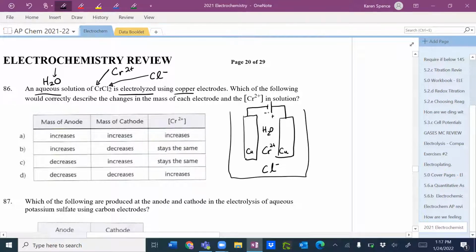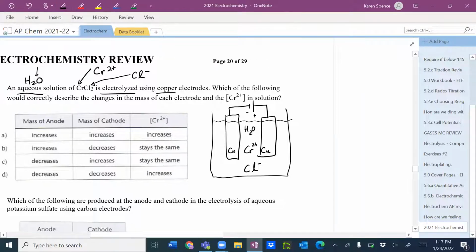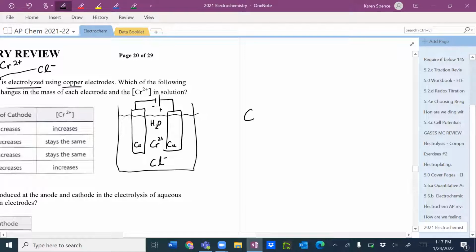What is going to happen to the mass of each electrode and the chromium in solution? So chromium 2+ is going to get reduced if it reacts at all to chromium. And we have to compare it with water getting reduced. So this is our possible reductions.